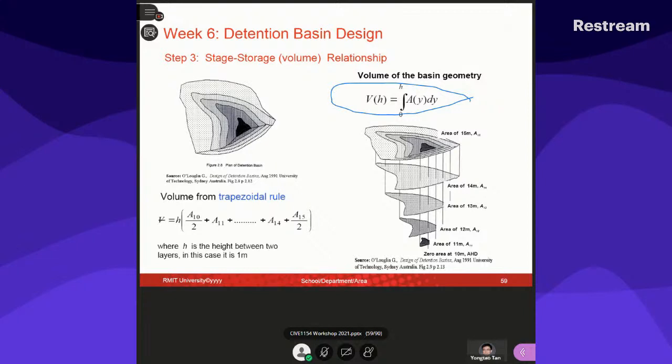Normally, the two rules we use are the Simpson's rule and the trapezoidal rule.